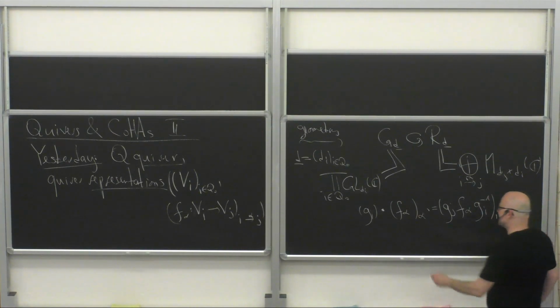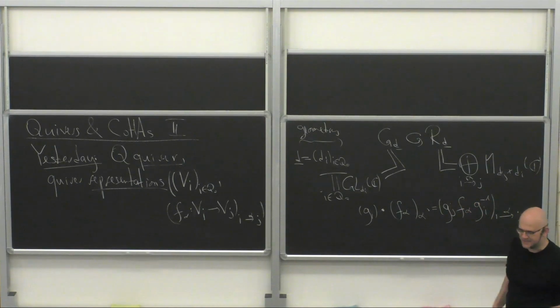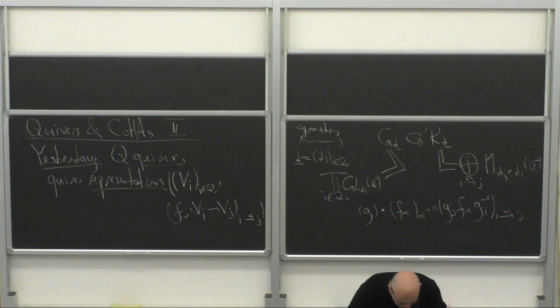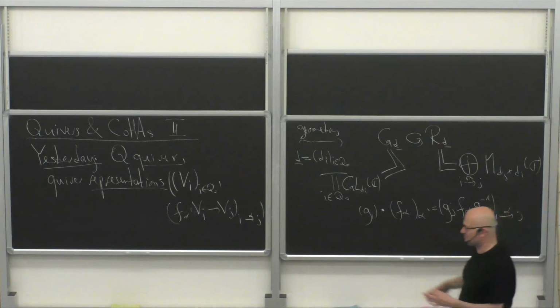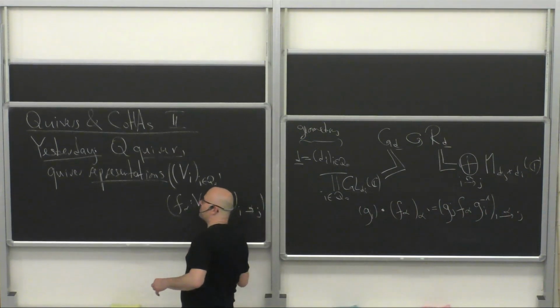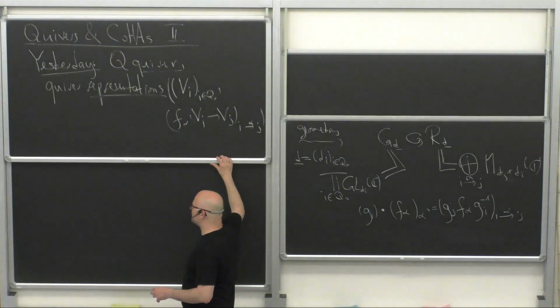This was defined in such a way that tautologically the orbits are the equivalence classes of quiver representations. So this group action translates our classification problem for quiver representations into geometry.